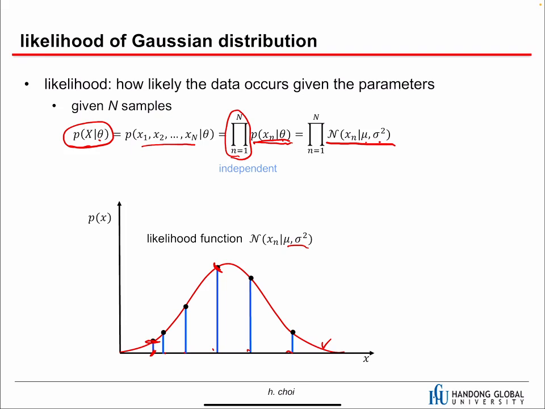So we can get these samples around here more likely. In this distribution, what we want is to update these parameters to increase the likelihood of all the samples. So we have to maximize the equation by updating these parameters.